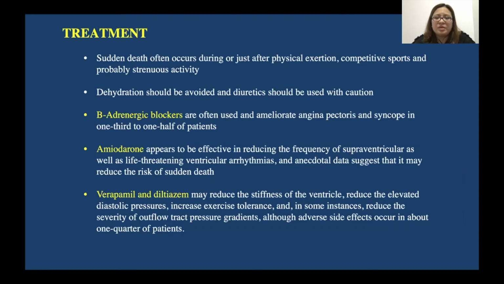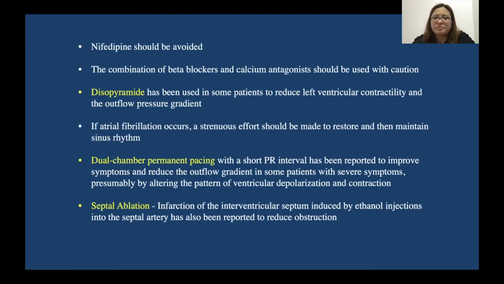Amiodarone appears to be effective in reducing the frequency of supraventricular as well as fatal ventricular arrhythmias. Verapamil and diltiazem may reduce the stiffness of the ventricle, reduce the elevated diastolic pressure, and might increase exercise tolerance. In some instances, verapamil and diltiazem reduce the severity of the outflow tract pressure gradients.